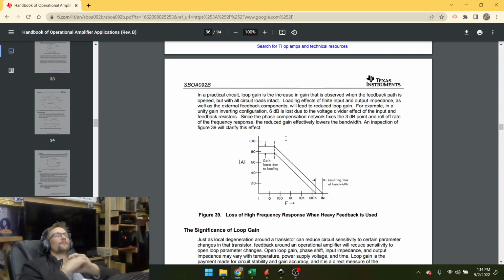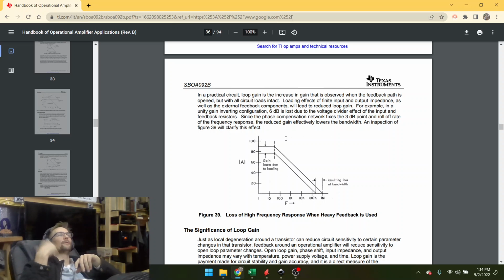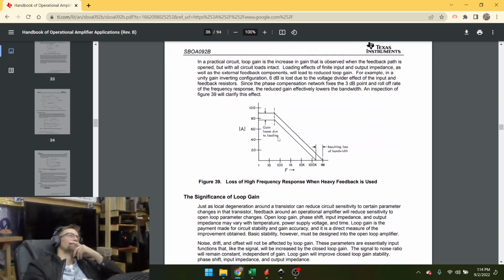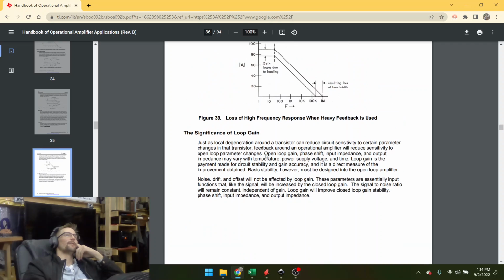Loss of high frequency response when heavy feedback is used. This is why adding that feedback capacitor lightens the feedback, so you can use larger resistors or heavier feedback components and not sacrifice your high frequency. It's interesting that they call it heavier.